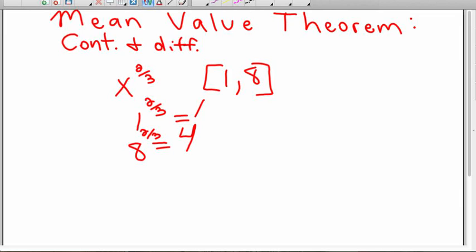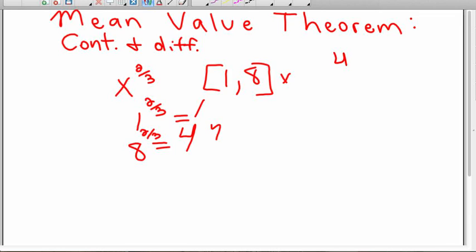To find the slope, you've got two x's and two y's. So on this, you're going to do rise over run. These are your y values. These are your x values. It's algebra 1.